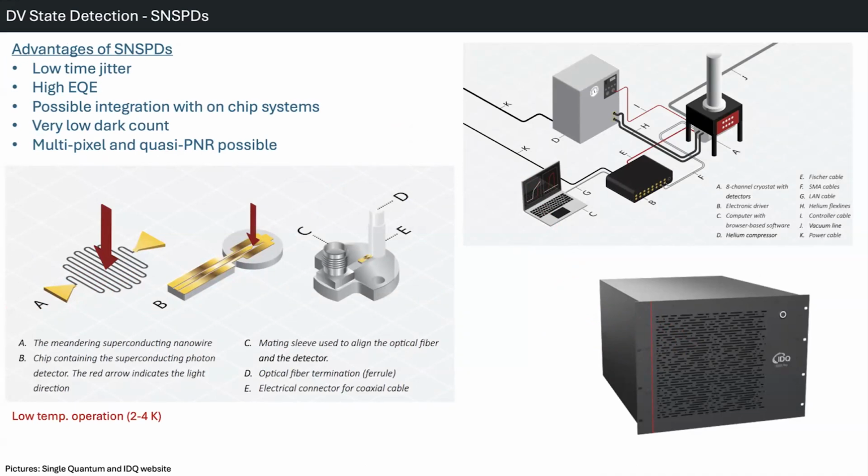What are the advantages of this technology compared to silicon diode technology? It has very low time jitter. It can go to a few picoseconds of time jitter, which means you can operate in the gigahertz region.